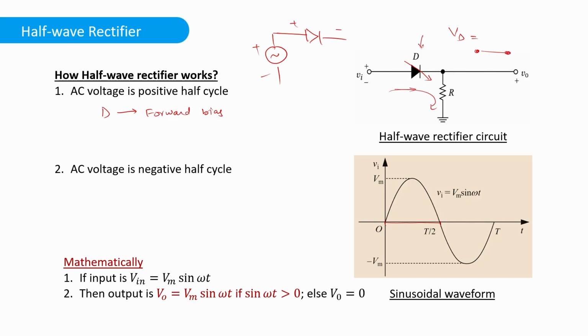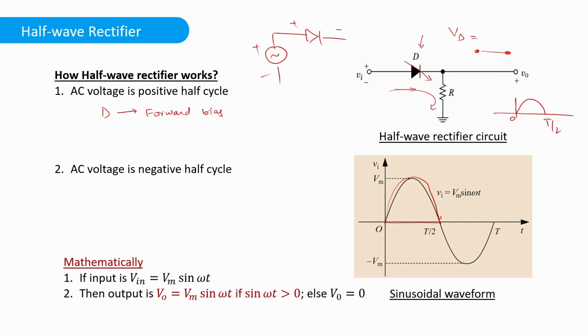When there is a short circuit in the electronic circuit or mesh, then the voltage drop is assumed as 0. So what happens at the output is that we will obtain, for example, this is the input in the first half cycle. So the output will be same as this one, from 0 to T/2.